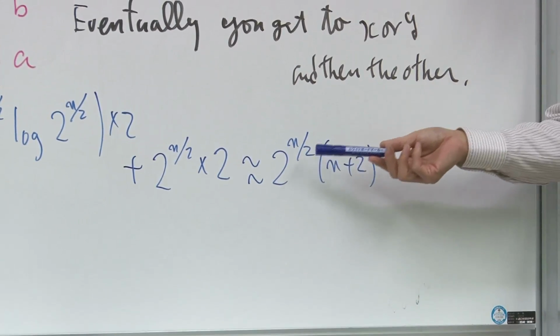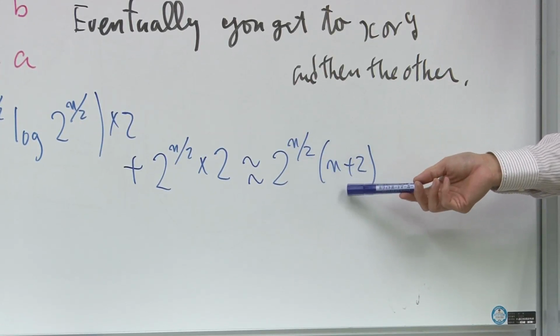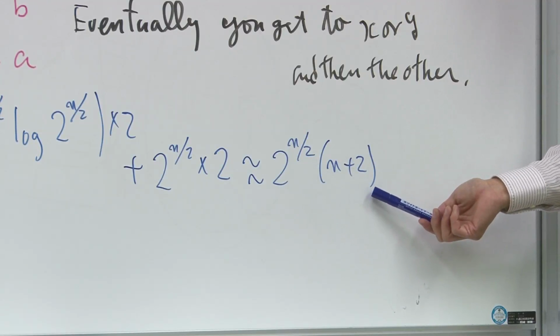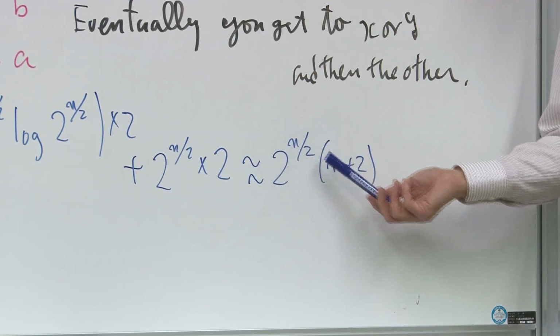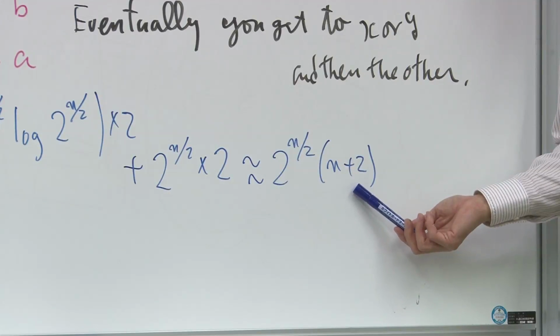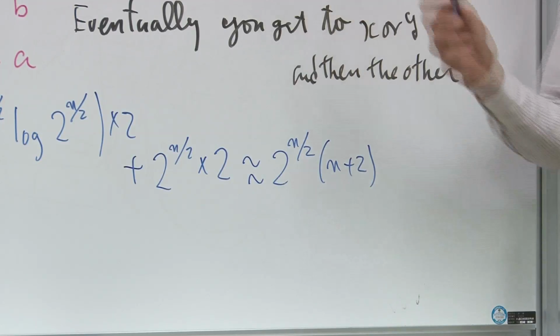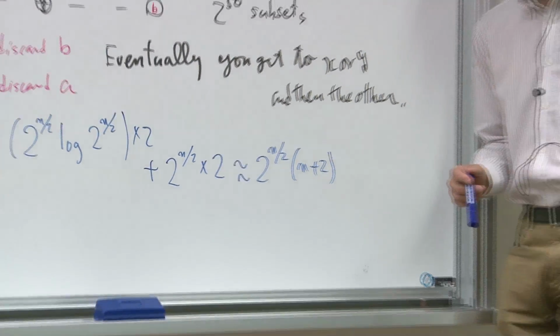This value is a little bit more than n times 2 to the n over 2, a bit more. But this is just a polynomial factor. This is exponential. So this part is much more important than this. So I would say this is not completely 1/2, but almost 1/2.